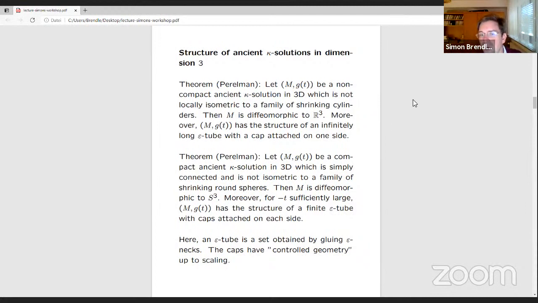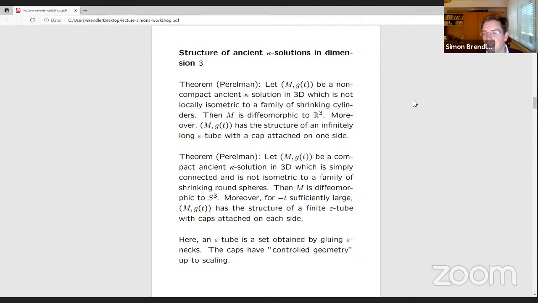Moreover, you can understand its metric structure. Namely, it has the structure of an infinitely long epsilon tube, so it's infinite to one side, and on the other side there's a cap attached. Now, I should say what I mean by an epsilon tube. An epsilon tube is a region that's gotten by gluing epsilon x.